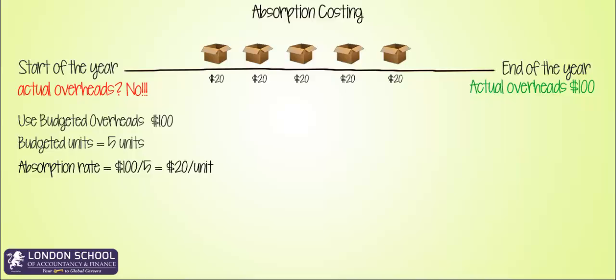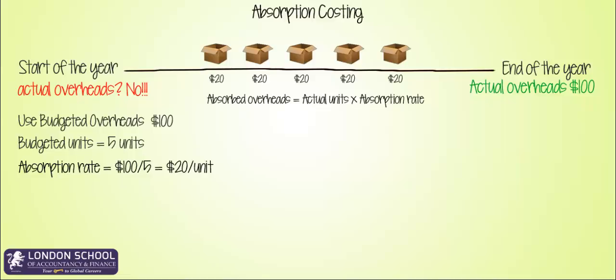So how do we calculate the total amount of overheads that I have absorbed into every unit that I have produced? We simply multiply our absorption rate by the actual production. The overhead absorbed is actual units produced times absorption rate.